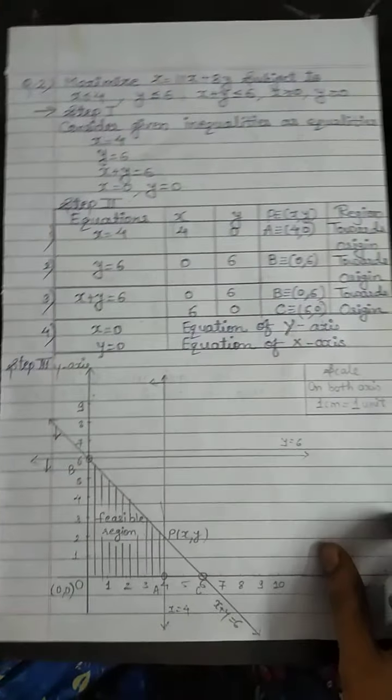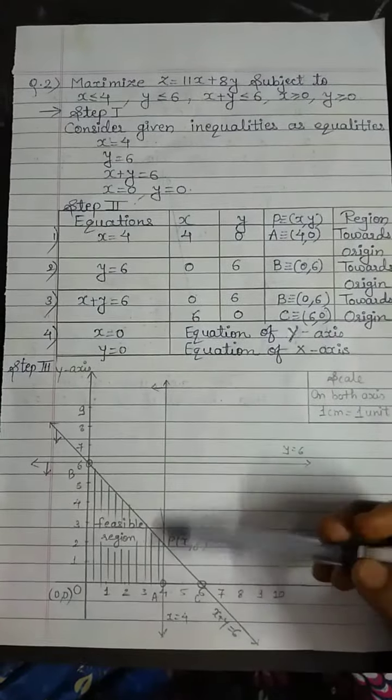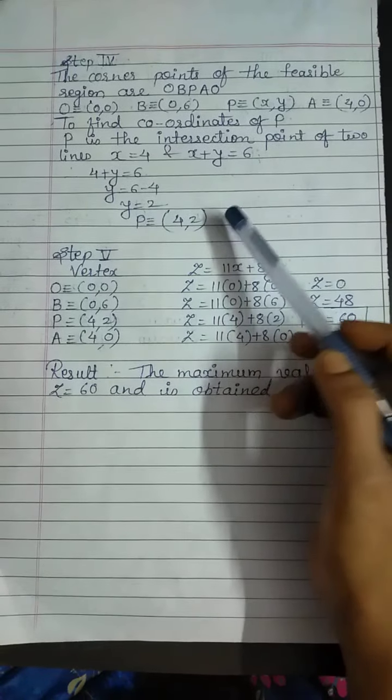To find the coordinates of P, we know that P is the intersection point of these two lines, that is x plus y equals 6 and x equals 4. So by solving them simultaneously, we will find the coordinates of P. Since x equals 4, we substitute this value in this equation to get the corresponding value of y. So y equals 2. So the coordinates of P are (4, 2).